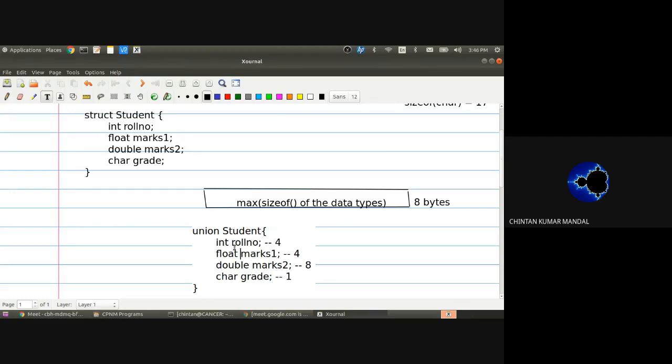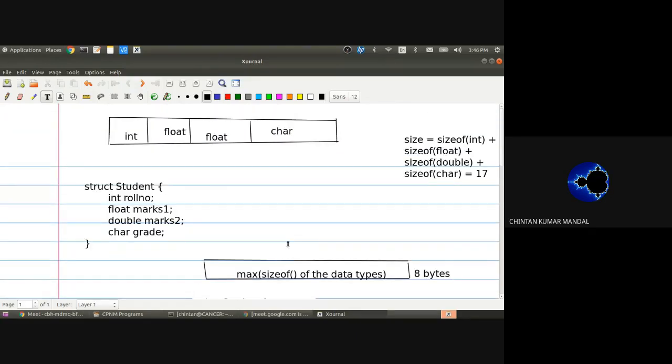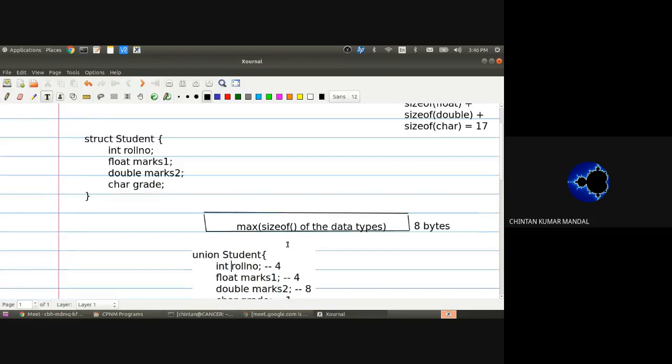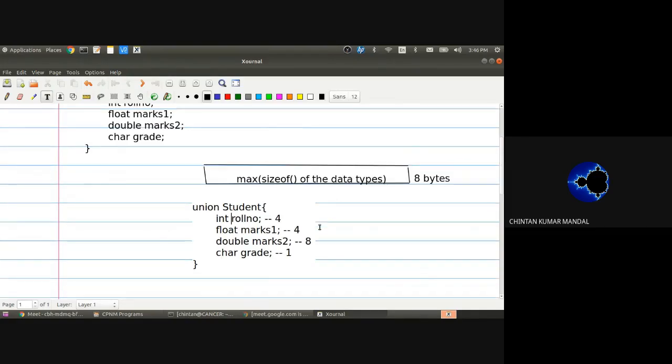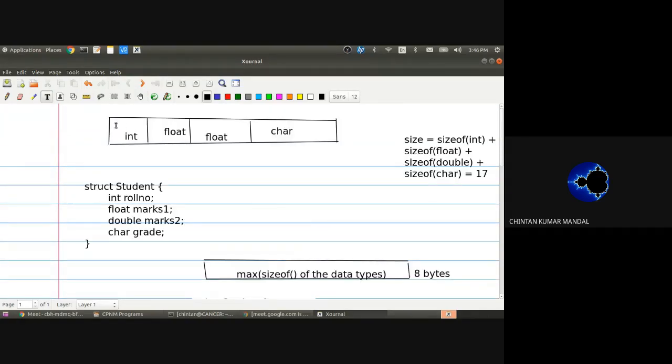Are you getting it? Yes, sir. The difference between the struct and the union is that the union takes the maximum data type size, and for the struct, it will keep all of them.